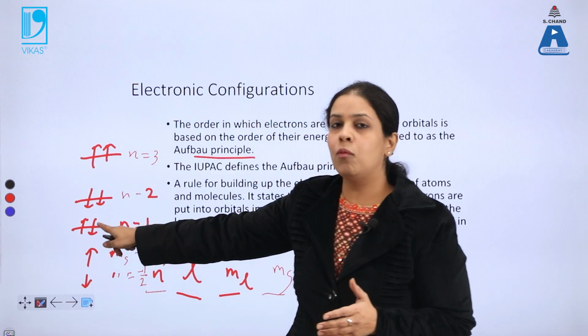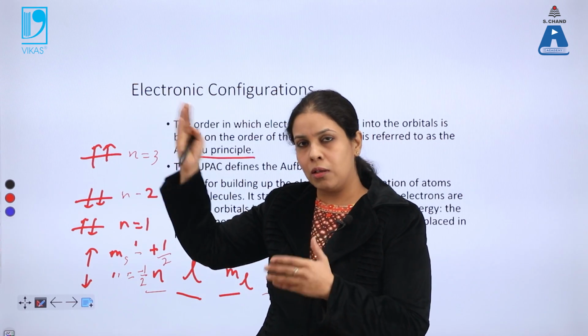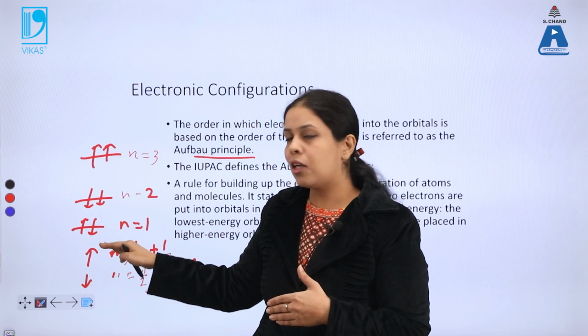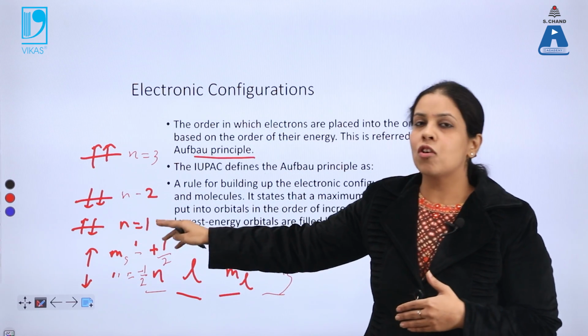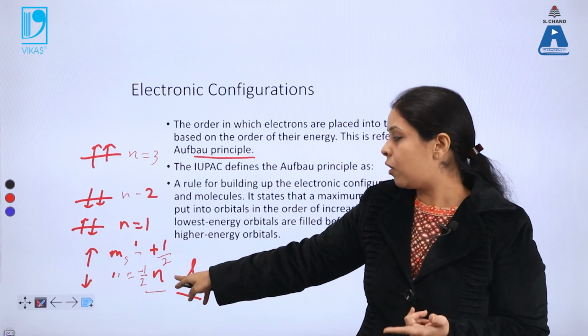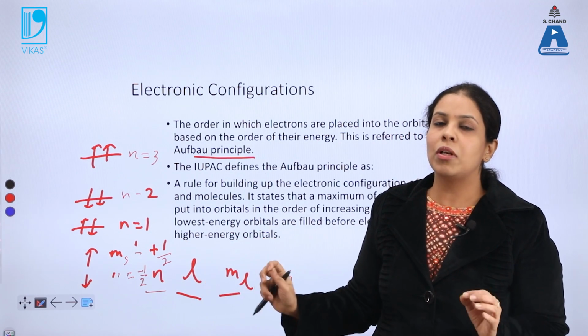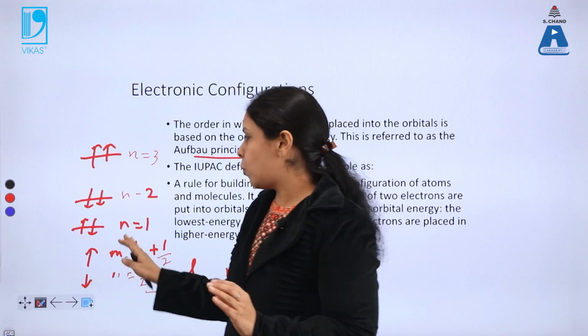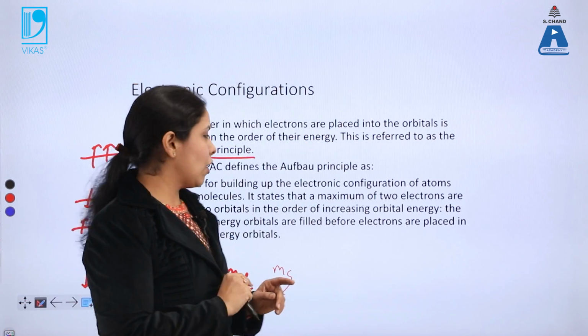But when I show one arrow moving upwards and one downwards, your spin quantum number is different. One has the value of plus half, the other minus half. In that case repulsion would be very less. That's why all 4 quantum numbers cannot be the same for two electrons.